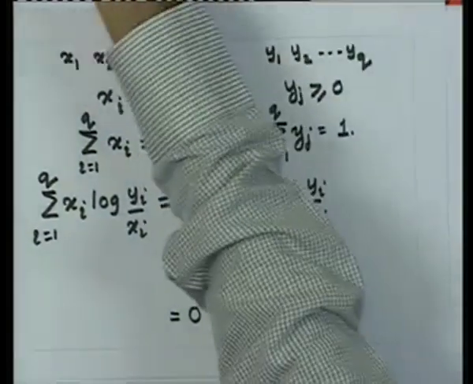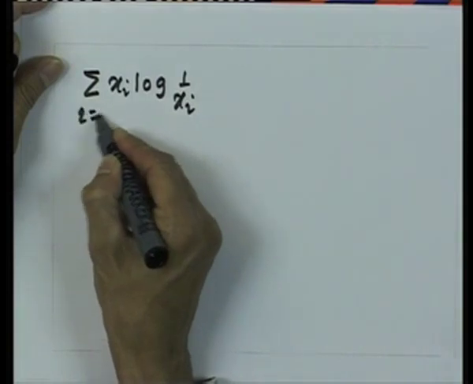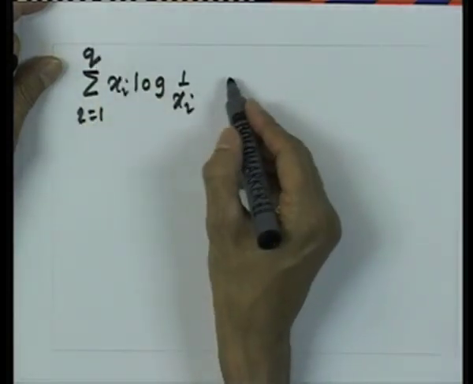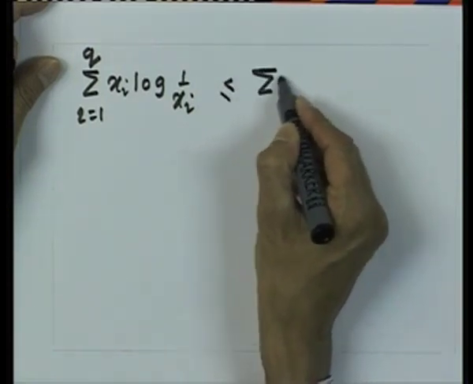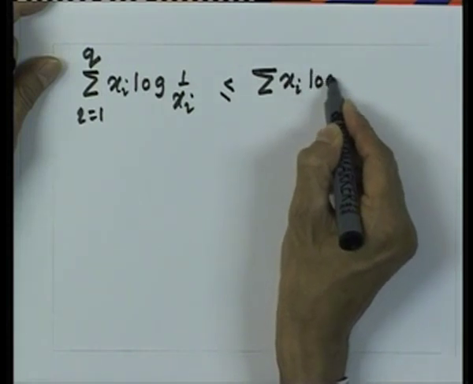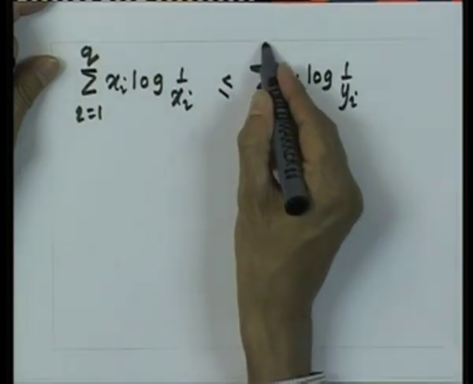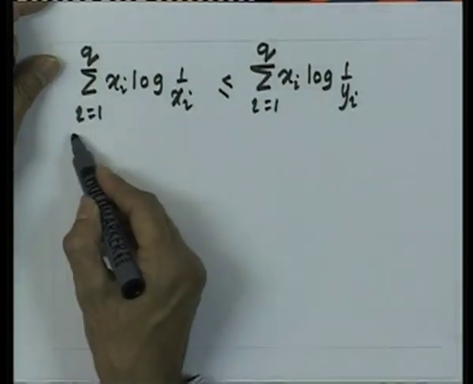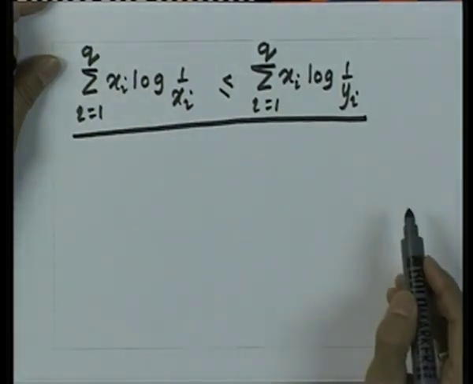So, what I get finally is the summation of xi log of 1 by xi, i is equal to 1 to q, is less than or equal to the summation of xi log of 1 by yi, i is equal to 1 to q. This relationship we will be using later on in our course.